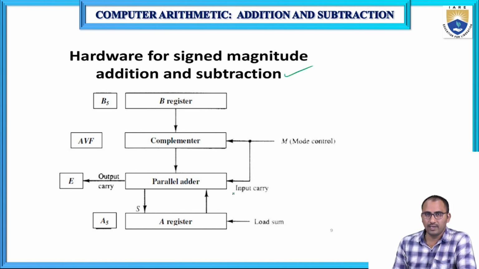So already we know we have two registers, A register and B register, and two flip-flops to store their signs, AS and BS. AS means sign of A register, BS means sign of B register. Then we have a parallel adder, one extended flip-flop E, a complementer, and one overflow flip-flop, the adder overflow AVF.